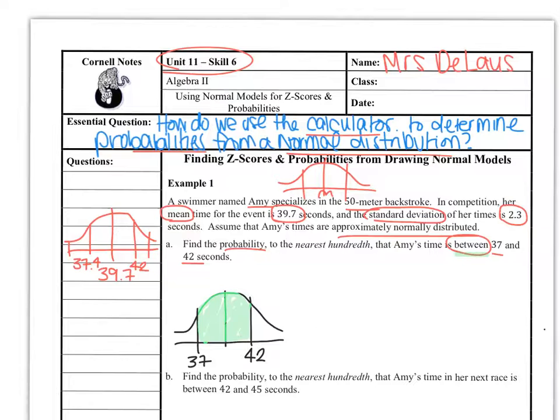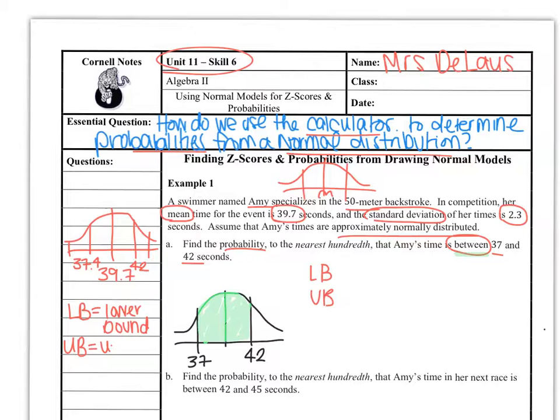So in order to find the probability, there's a bunch of little pieces in the calculator that we're going to walk through, but we have to have what's called a lower bound and an upper bound. So I'm just going to write LB on the left-hand side equals lower bound, and UB equals upper bound.